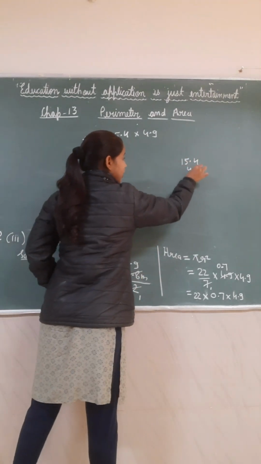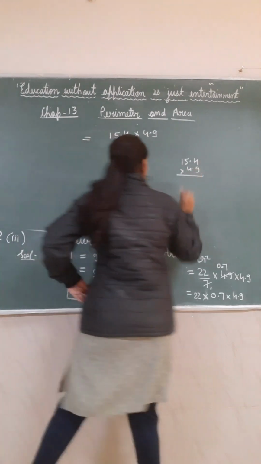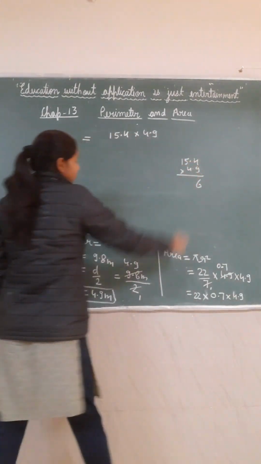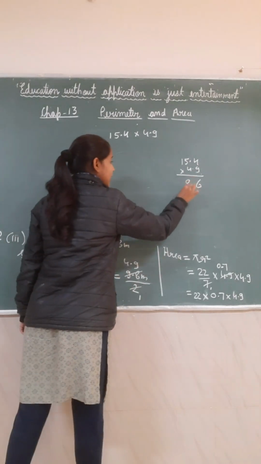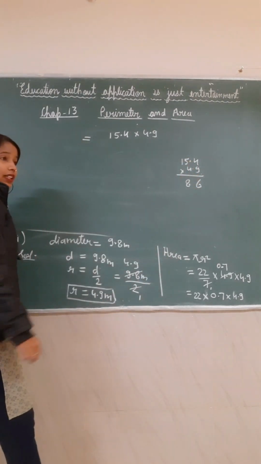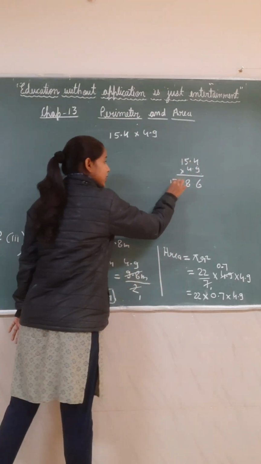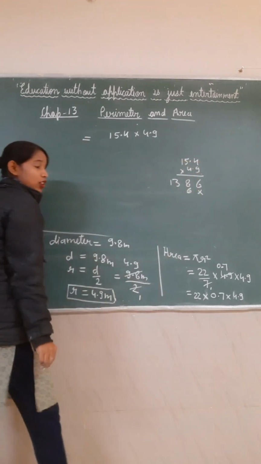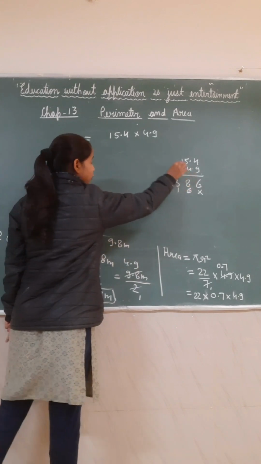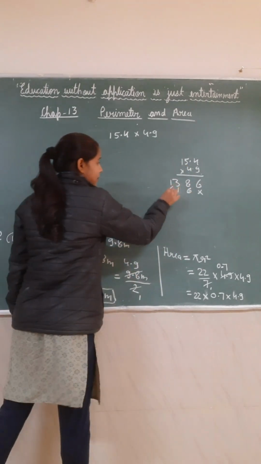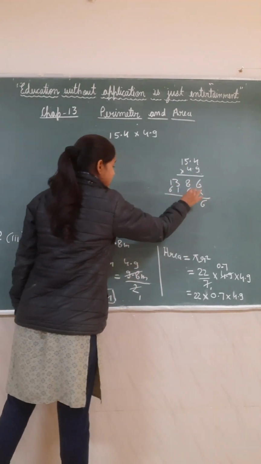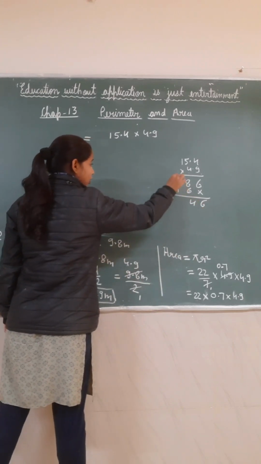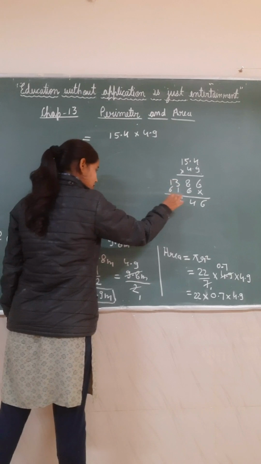So 4.9. 4 nines are 36, 6 and 3 carry, 9 fives are 45, 48, 8 and 4 carry, 9 ones are 9 and 4, 13. Okay, and 4 fours are 16, carry 1, 4 fives are 20 and 1, 21, 2 carry, 4 ones are 4, 6. 6, 8 and 6, 14, carry 1, 3 1, 4 and 5, 6 and 1, 7.